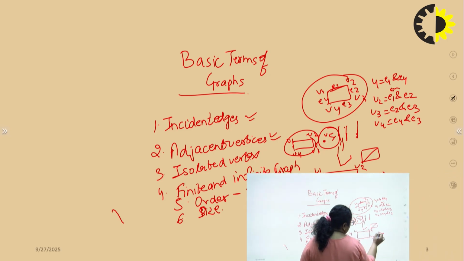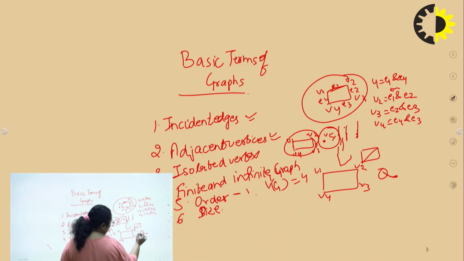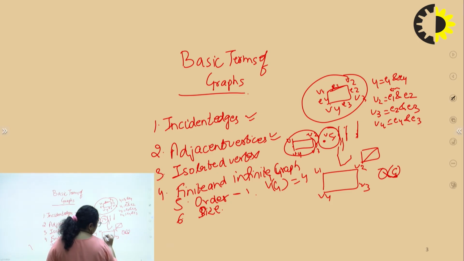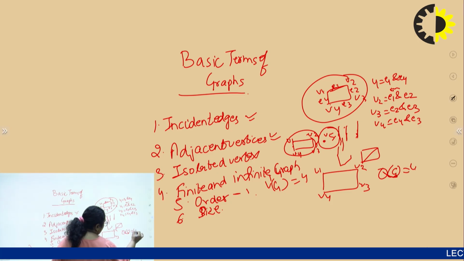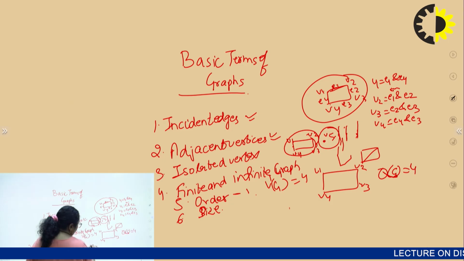So what is the order? If we take the same example, the order of this graph is 4 because it has 4 vertices.